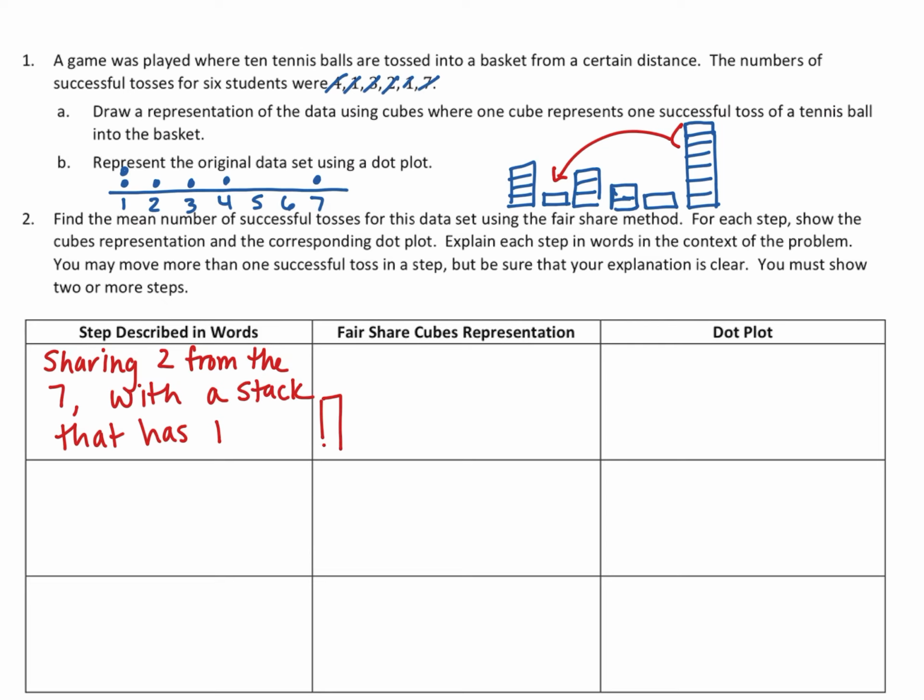So my first stack still has 4. This one now has 3 because it's 1 from the original and 2 from that 7 stack. Then I have another with 3, one that has 2, one that has 1, and that stack of 7 lost 2, so now it's a stack of 5.